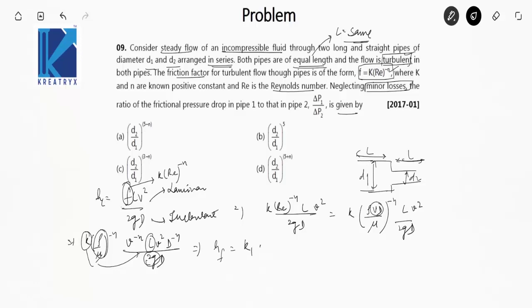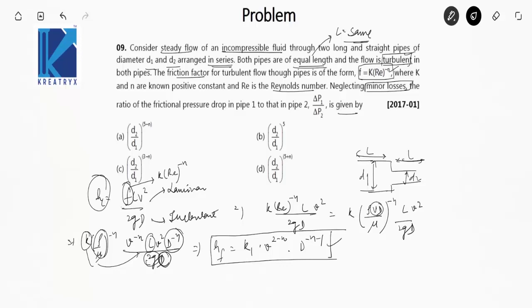And this is V raised to power minus n and V square, so this becomes V raised to power 2 minus n, and we have a D in the denominator and D raised to power minus n in the numerator, so this will be D raised to power minus n minus 1. Finally, I have reduced the frictional head loss to this form.